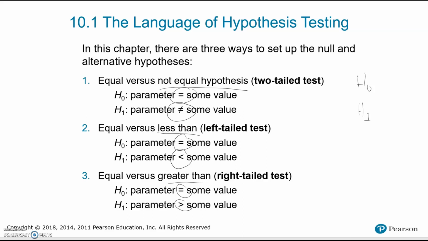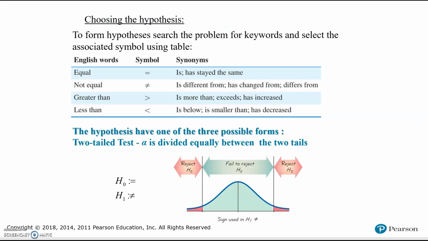When we decide, you're going to get a problem and somewhere they're giving us the null and I have to figure out the alternative. So the null, if you're dealing with proportions, will always be p equals. If we're doing a means problem, the null will always be mu equals. And then based on the problem, you decide what your alternative is.